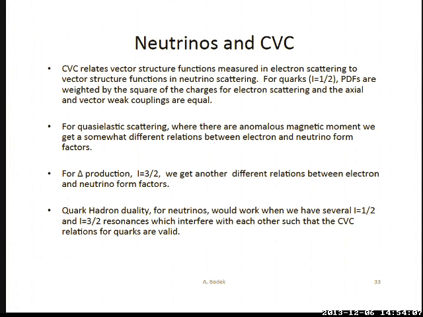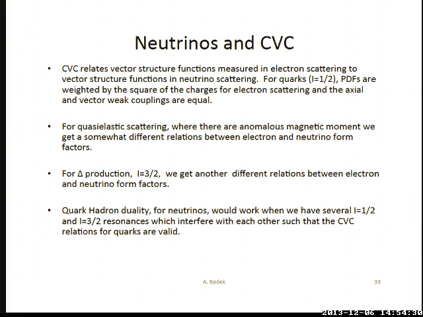But just talk about CVC. For quasi-elastic scattering, where there's an anomalous magnetic moment, the CVC condition still works, but you have to use the difference between G_E and G_M. So you can use CVC to get the vector coupling, but you don't just use this quark language. You have to use the form factor language.